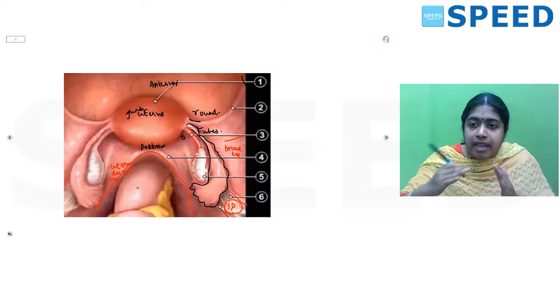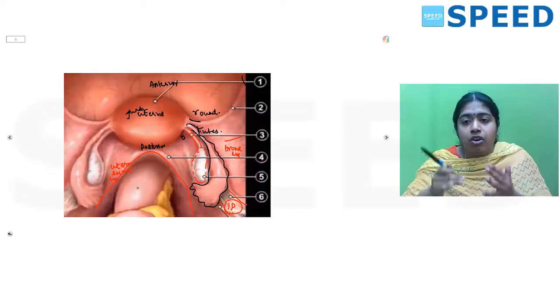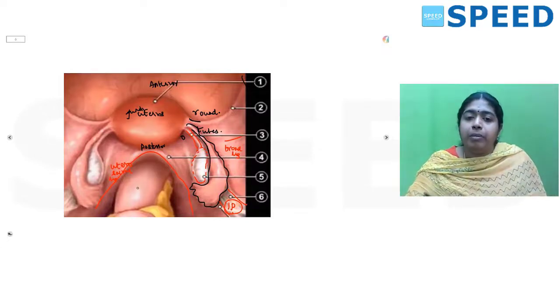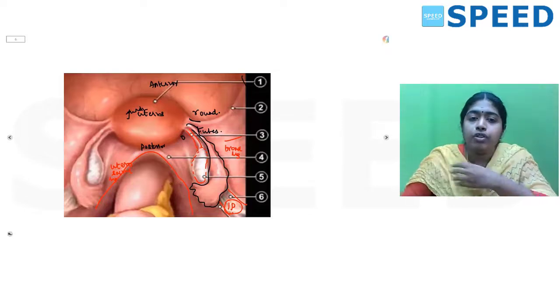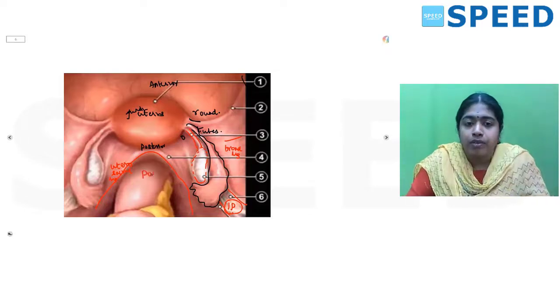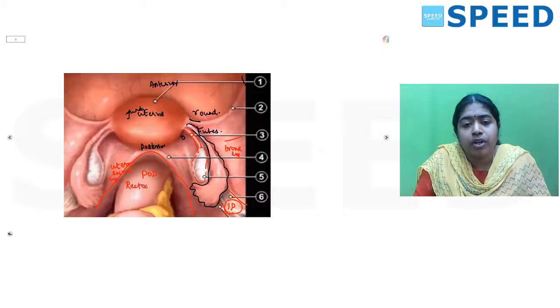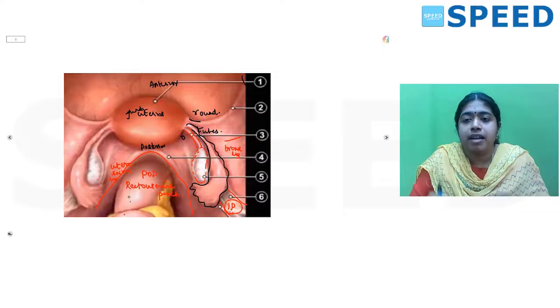So what is inside that V? You see the deepest, the most dependent part of the female pelvis. Now that is the pouch of Douglas. The pouch of Douglas is also called the rectouterine pouch or rectovaginal pouch, or sometimes rectovaginal septum is another name given for this rectouterine pouch. And as you can see, the intestinal loops are lying inside the rectouterine pouch.